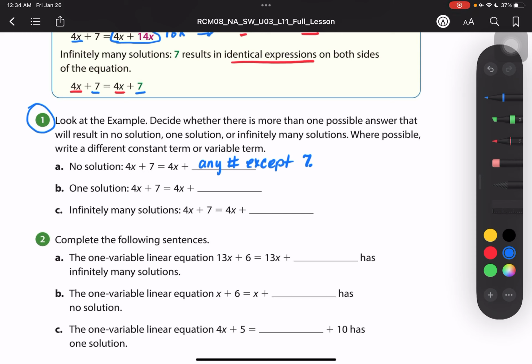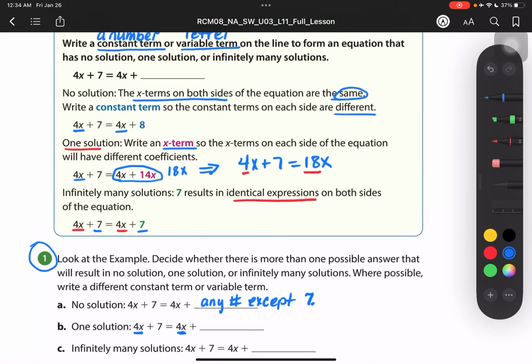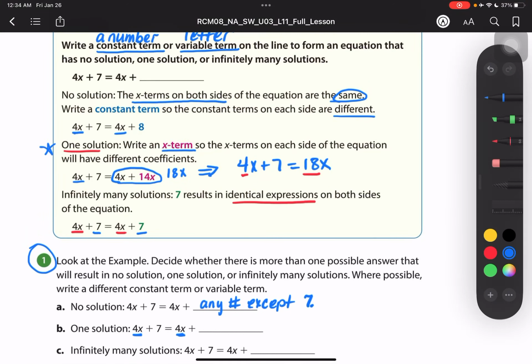For B, it says one solution. If it has one solution, you can have different variable terms. So this is 4x. The other side has to be 4x plus another x, any type of x, because let's go back to the top. For one solution, I'm looking right here.